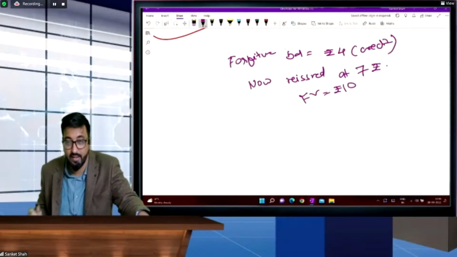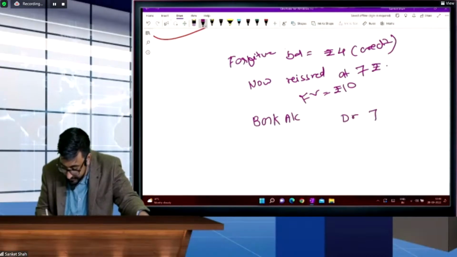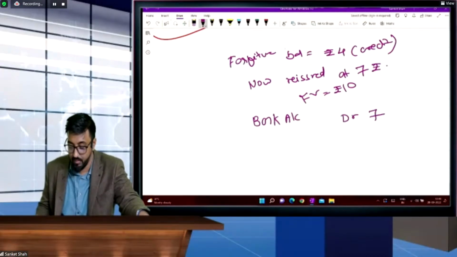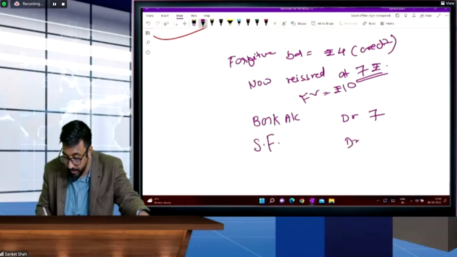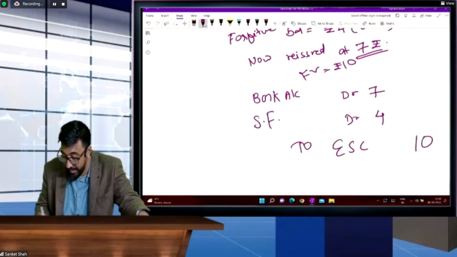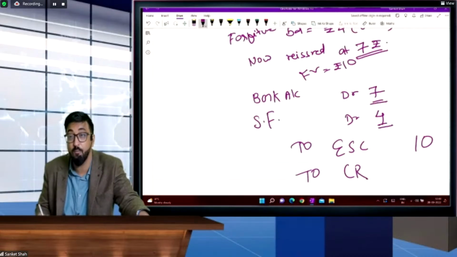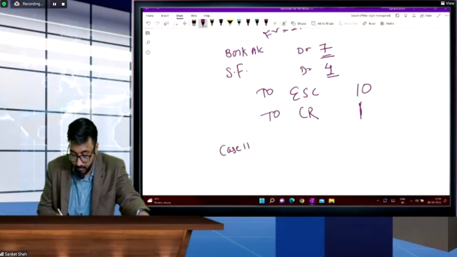Bank account debit 7. Shares forfeited account debit 4. To equity share capital 10. And to capital reserve 1, because 7 now collected plus 4 already collected is 11, minus 10 is 1 rupee.